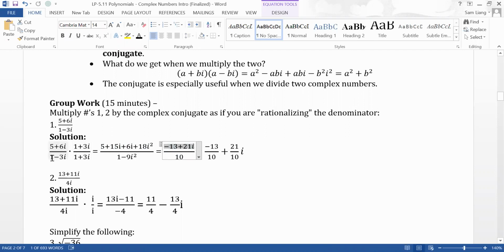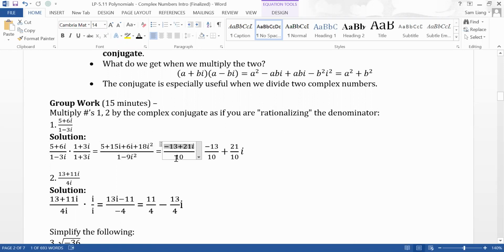Okay, in the denominator we get 1 minus 3i times the conjugate, 1 plus 3i. So we get 1 times 1, which is 1, then 1 times 3i, which is positive 3i, then negative 3i times 1, which is negative 3i. So that'll be 0. And then negative 3i times 3i is negative 9i squared. Negative 9i squared is positive 9, because i squared is negative 1.